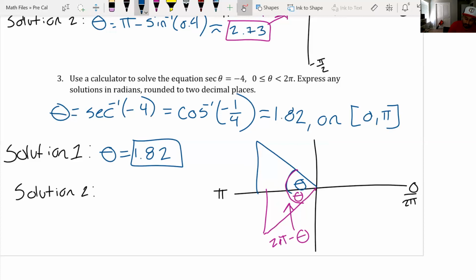I get theta is going to be given by 2 pi minus the inverse cosine of negative 1/4.